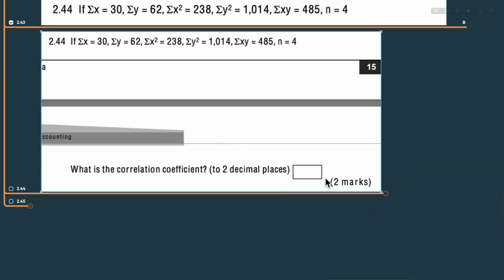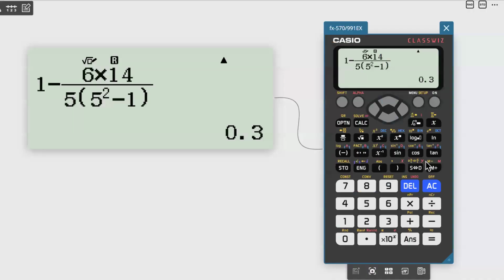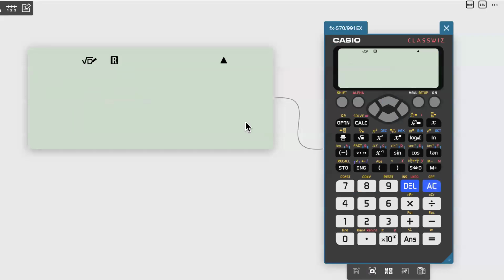I'll do it in the calculator. Right? You can see we have to put two brackets for the upper parts. Take away, then one bracket and take away. Now this is for the R, right?